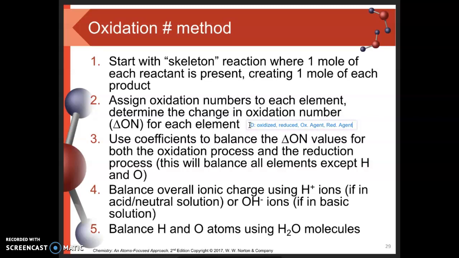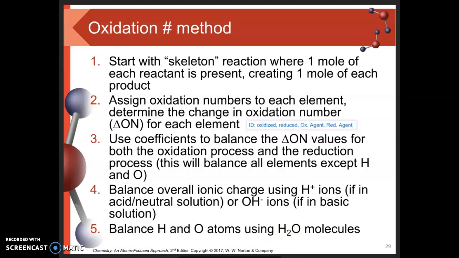One of the other advantages to this technique over the half reaction method is that the half reaction method will always start with acid, and then if it's base, you have to do an additional step to convert it into base. With this particular method, it's all done the same way in that 4th step. And then the last step is to balance the oxygen and the hydrogen using water molecules.